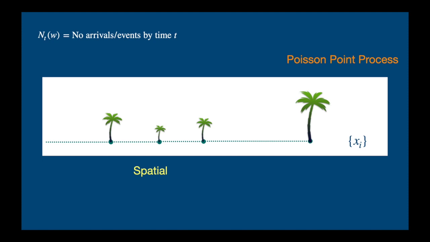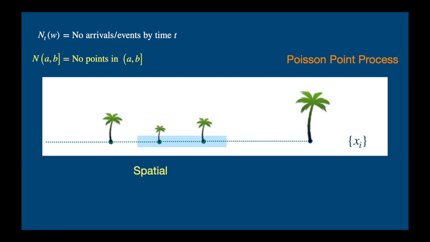And we need some measure of count. So in the temporal dimension case, which is the case where we had time as the dimension, we had the count of events from the origin. Here, again, we can count the number of events in any interval of interest. Let's say the left and right endpoints of this interval are a and b. Then we can easily count the number of points in this interval.